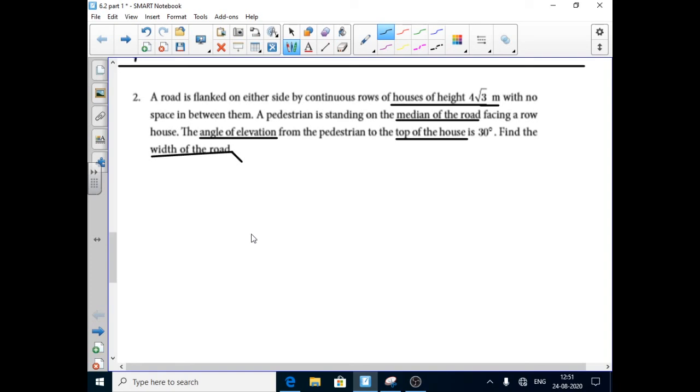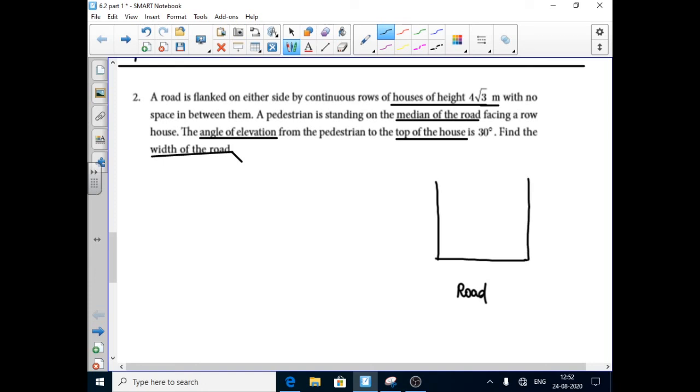So a road, two sides we are having. One road is here. So I draw the diagram. This is the road. On the two sides of the road, we are having houses. So here I take this as one house. This side also it is a house.